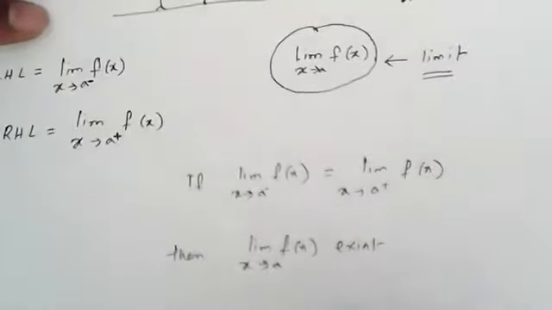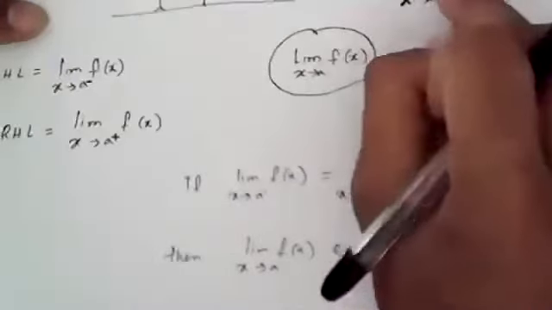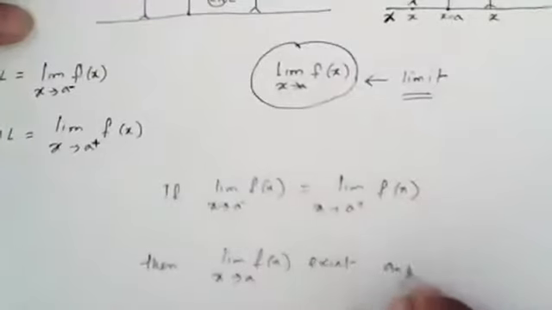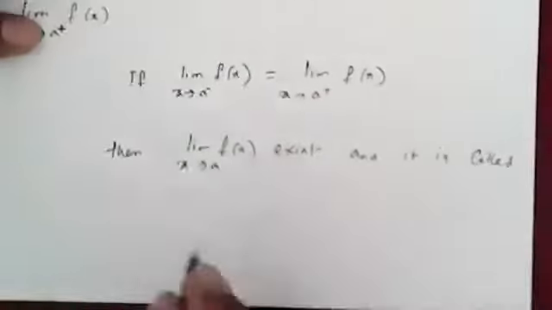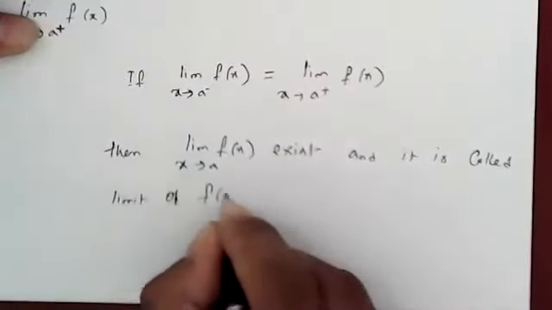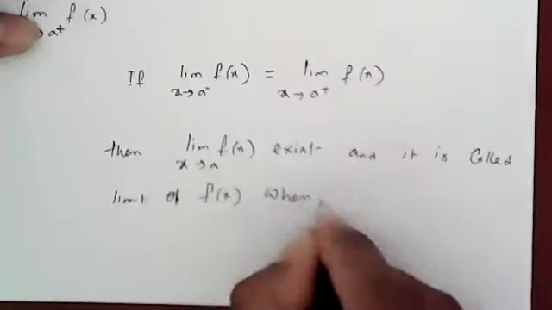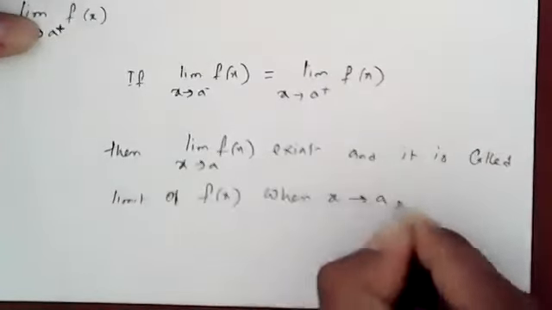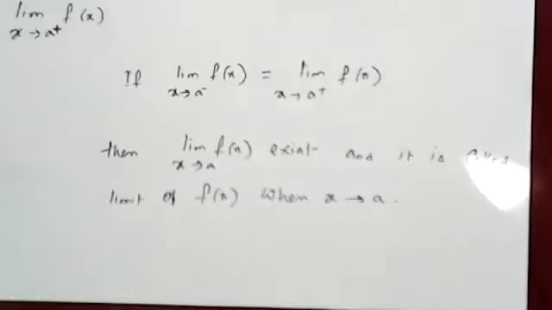This value will be there because both are the same, and it is called the limit of f of x when x tends to a. So this is about the limit.